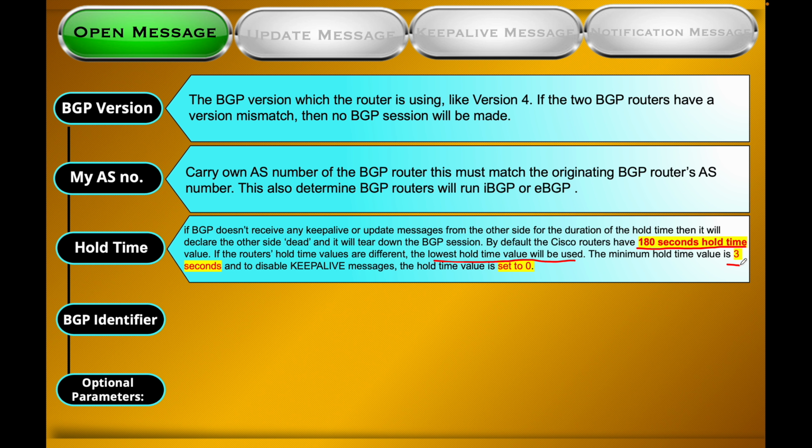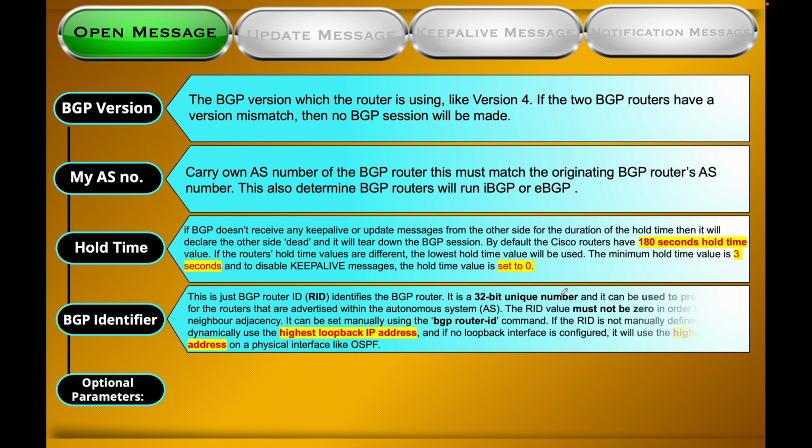And if you want to disable the Keepalive, I will recall this part when I explain the Keepalive. Now, the BGP identifier is nothing but the router ID. It sends its own router ID, a 32-bit unique router ID. It's used to prevent loops, as you know. The router ID must be configured; if it is not configured, then it will take the highest loopback IP address.